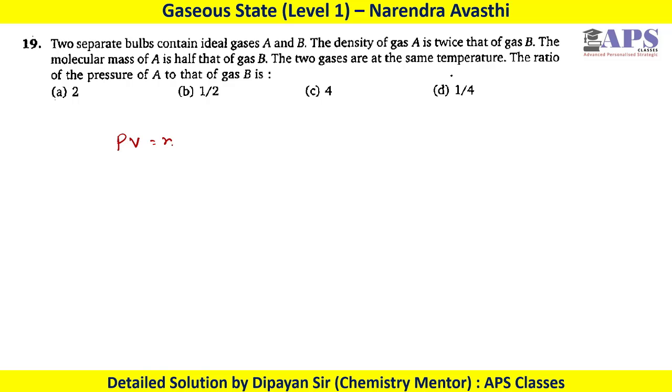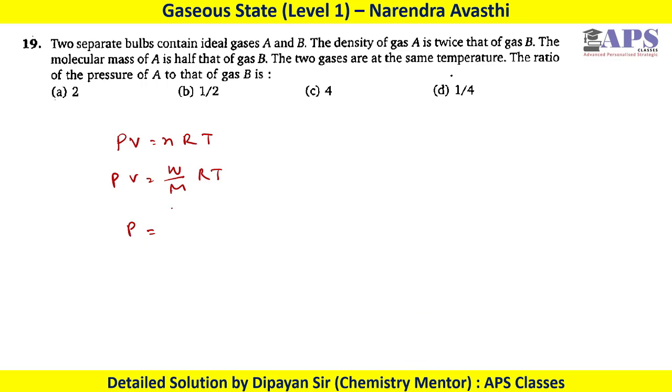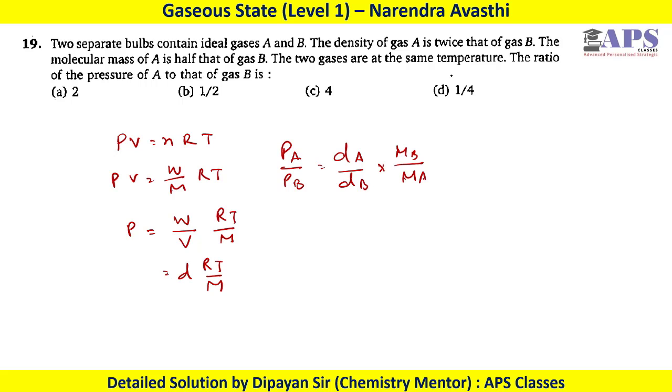We know that PV equal to nRT, or we can write PV equal to W by M RT, or PM by RT, or we can write it like this also, P equal to W by V RT by M, or D RT by M. So now we can write that PA by PB is DA by DB into MB by MA, because other things are constant.